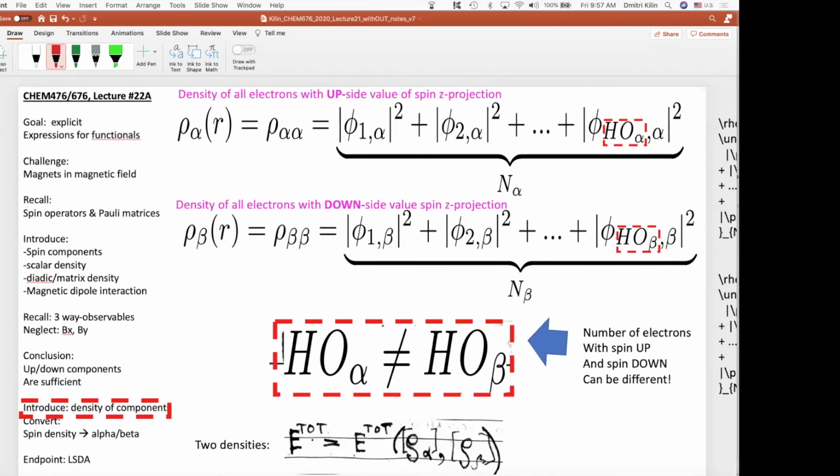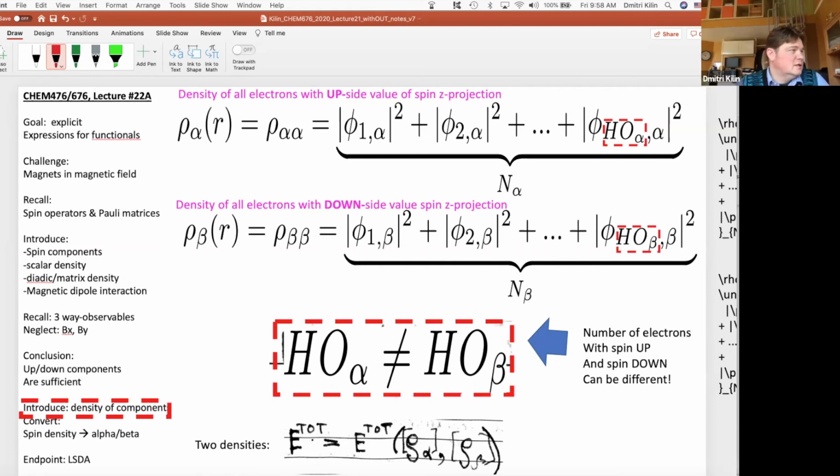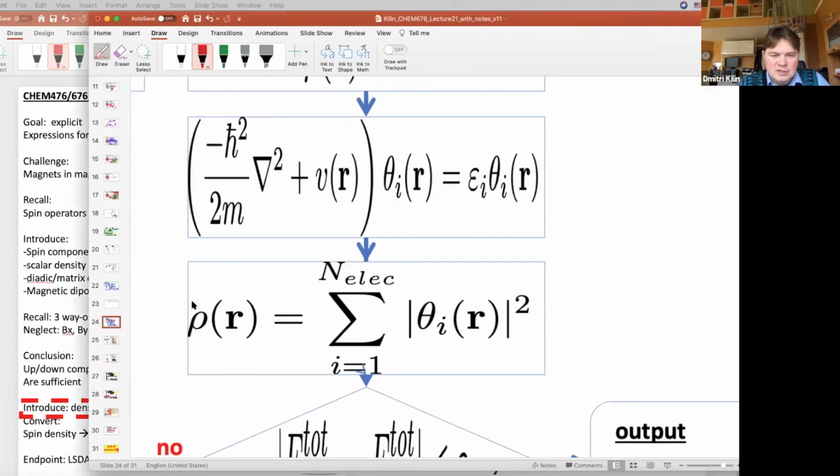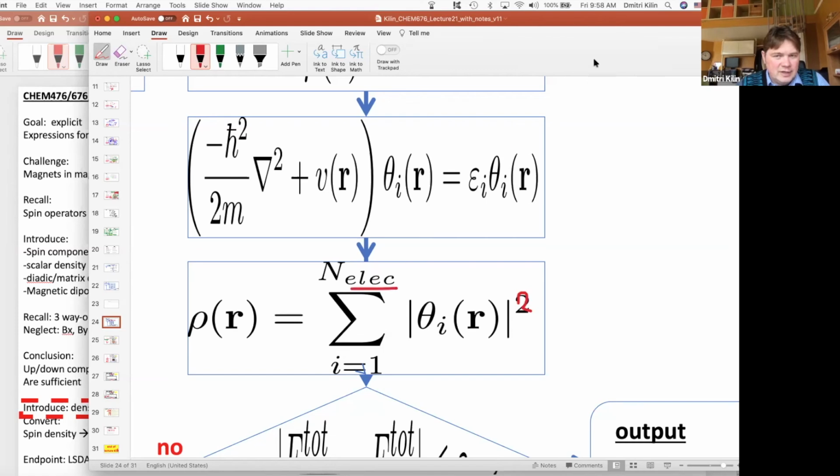For the top equation, it's related to density of electrons. Just for a second, I'm going to bring part of the flowchart from last lecture. So density is the summation of orbitals squared of all occupied electrons, right?